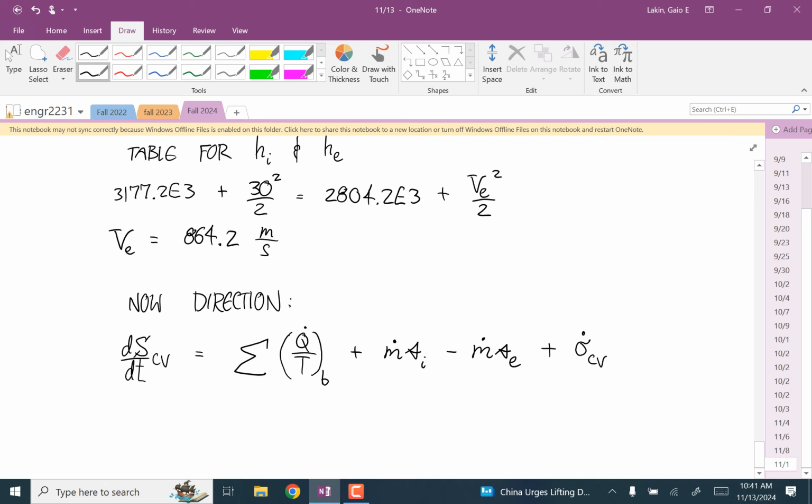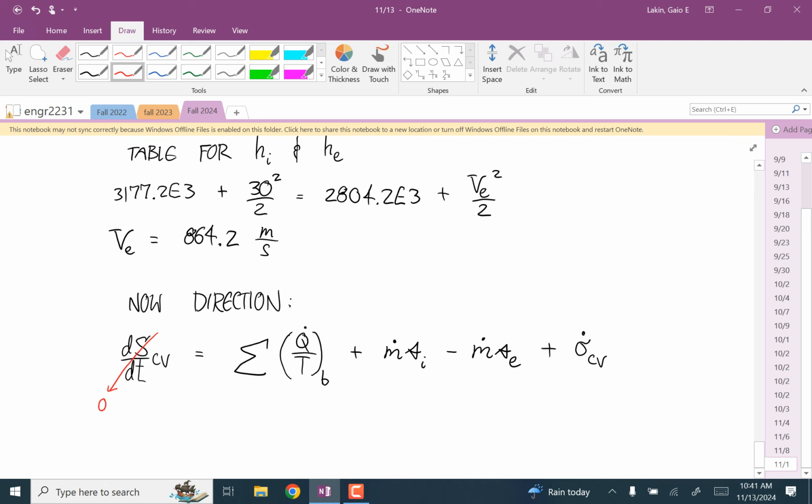If it comes out negative, you can assume that it's a diffuser, or if you want to be extra careful, you could go back and recheck. But all it's going to do is change the signs of things, so there's no need to recheck, I guess. If that comes out negative, you just know that you have your inlets and your exits switched. Okay, and steady state says that's 0.